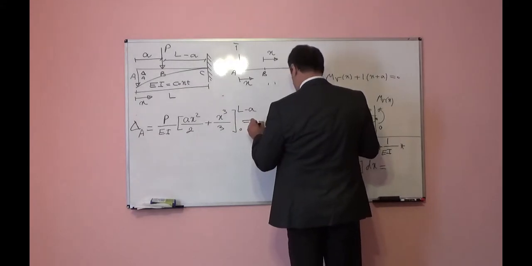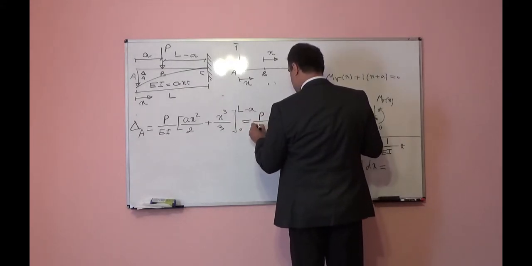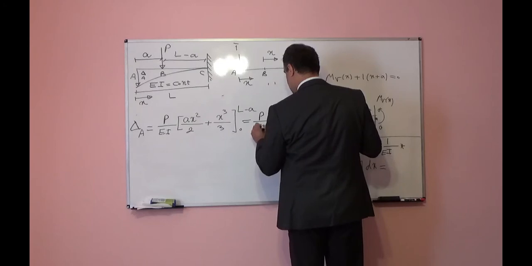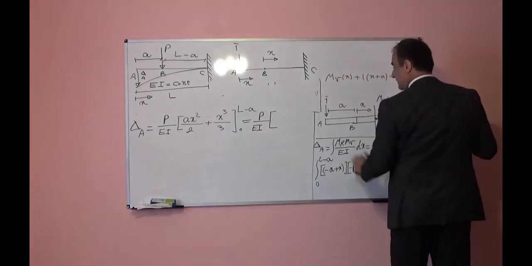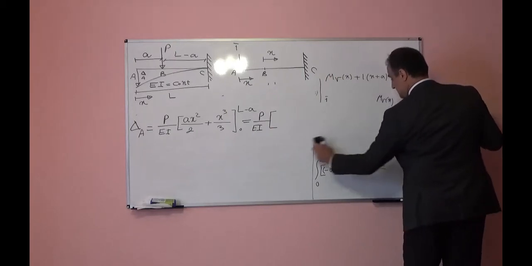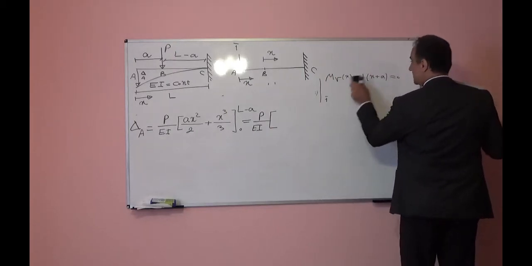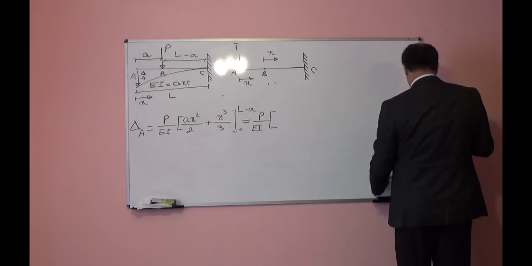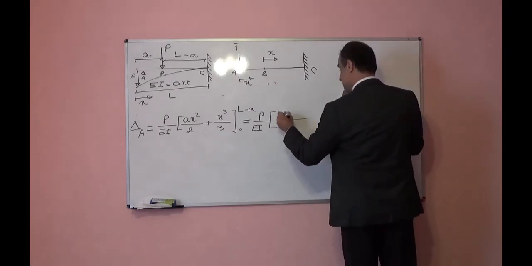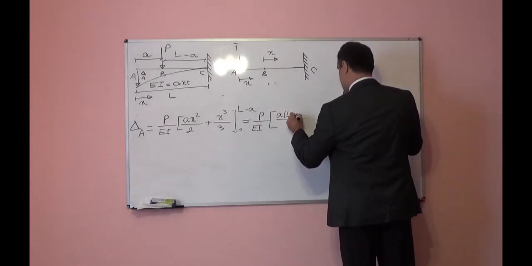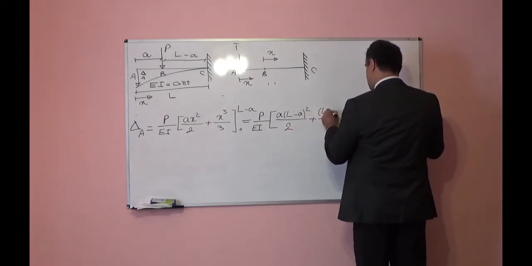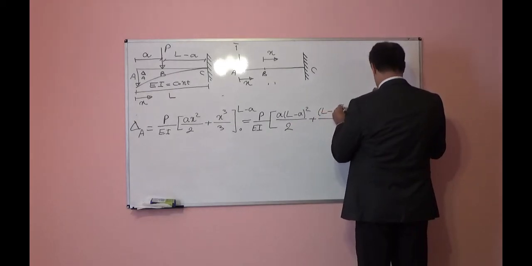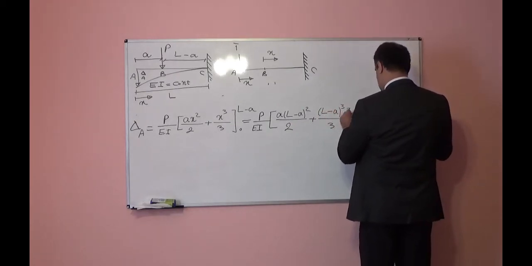This will be equal to P over EI times a (L minus a) squared over 2 plus (L minus a) cubed over 3.